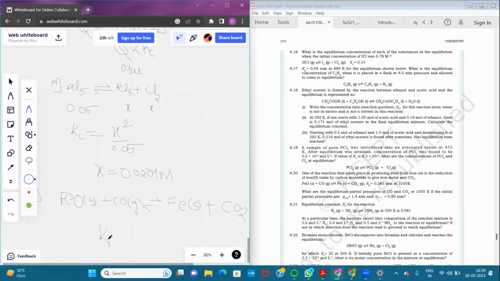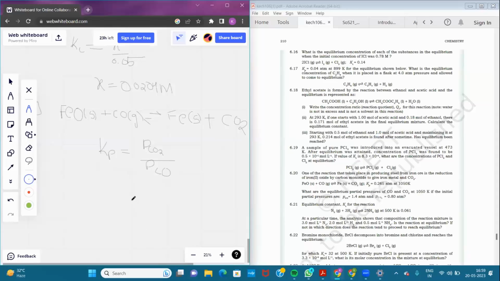So we'll directly write Kp as pressure of CO2 divided by pressure of CO. This is the Kp expression. These pressures would be at equilibrium. Now we'll write the expression for Qp. Qp is also the same, but here we'll consider the initial pressures and we'll calculate.